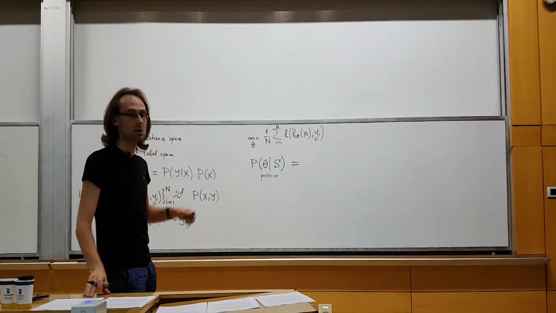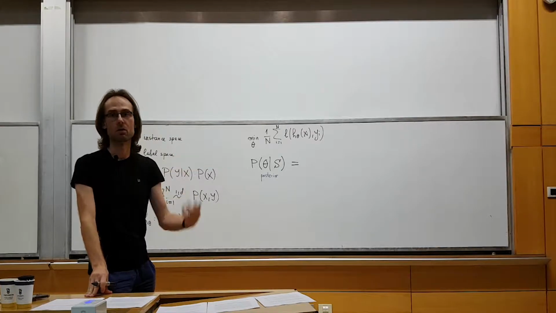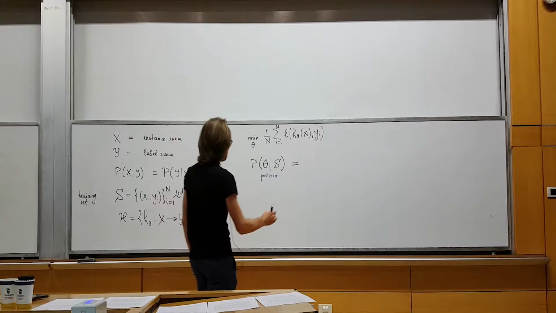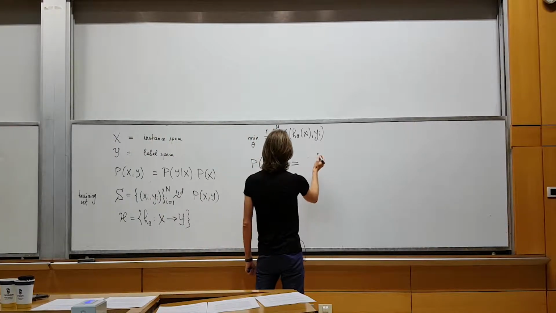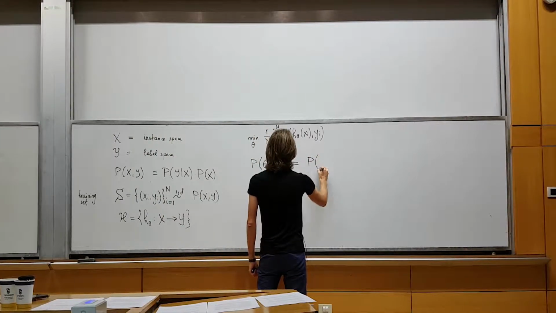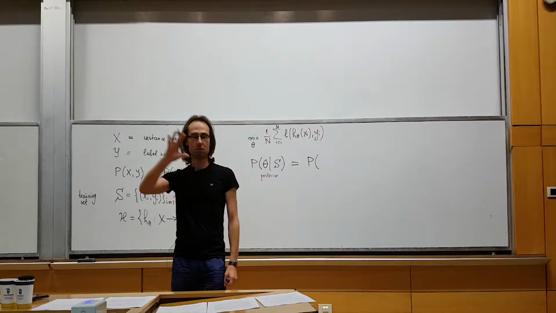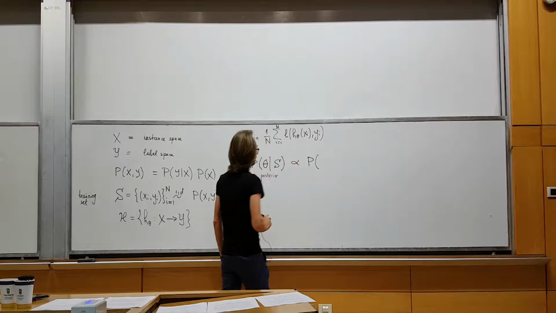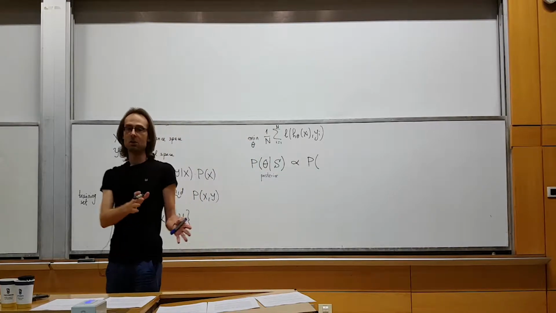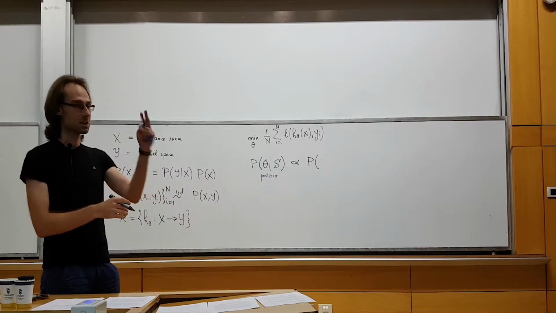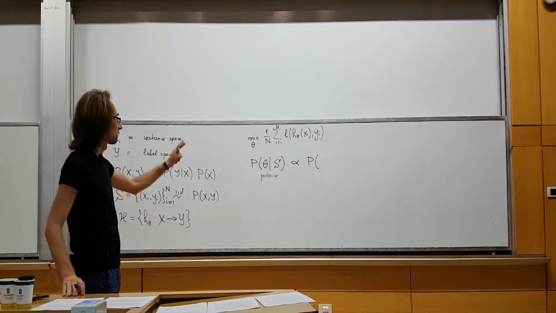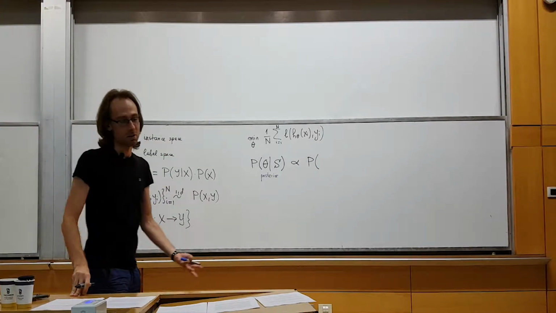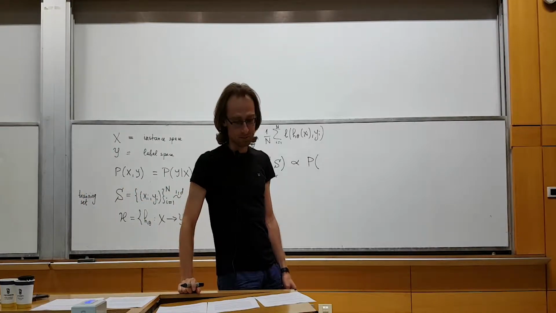And this is its posterior distribution after I observe the data, the training set. Now I can use Bayes' theorem to write this as a product. It's proportional to, obviously, the likelihood function, which basically just reverses the roles of theta and S, times the prior distribution of theta.